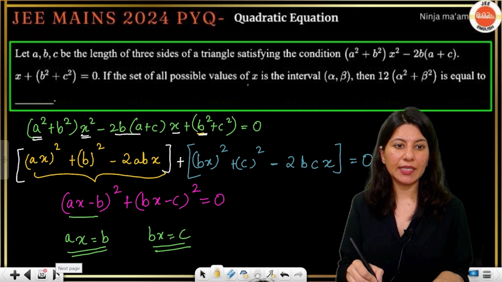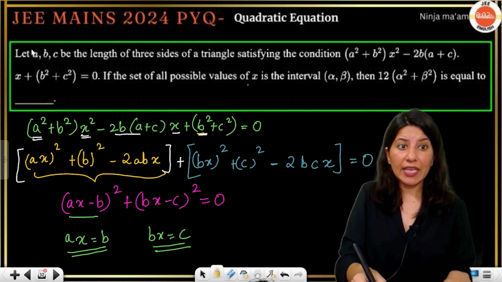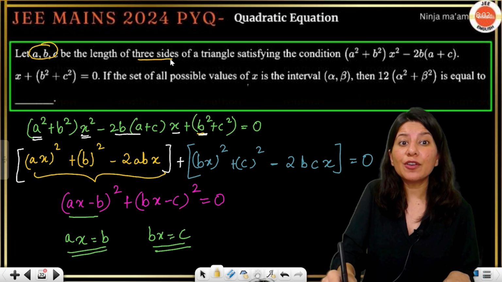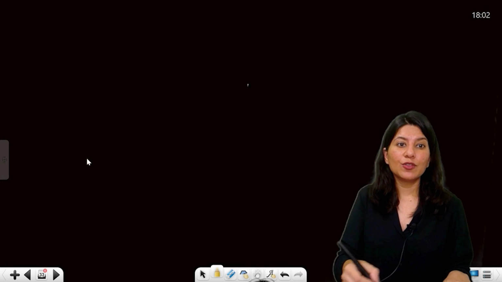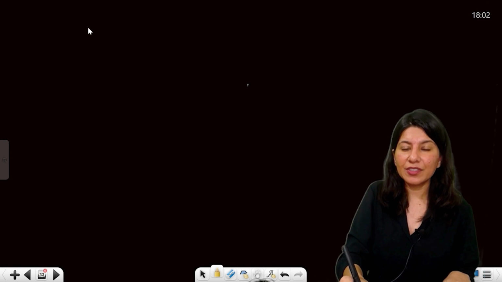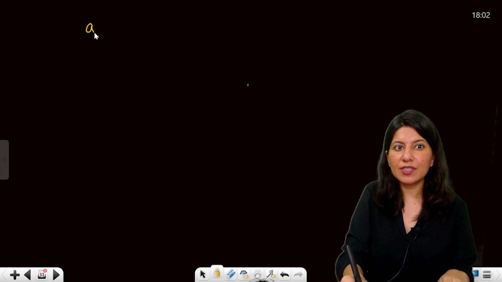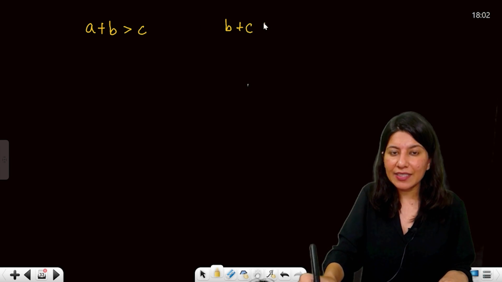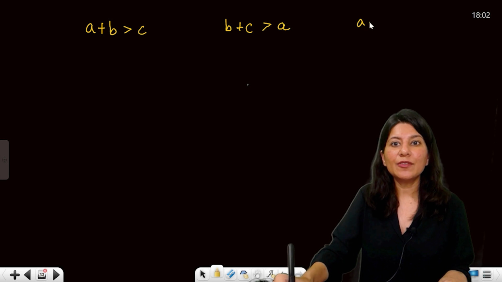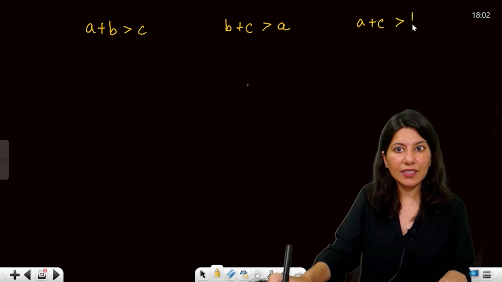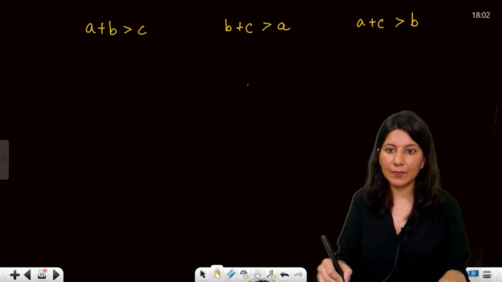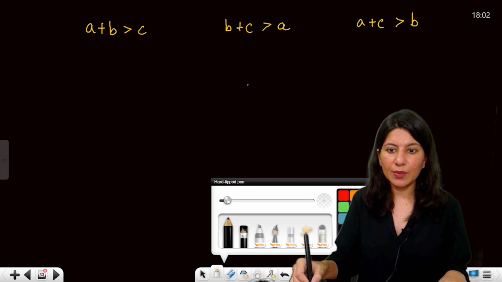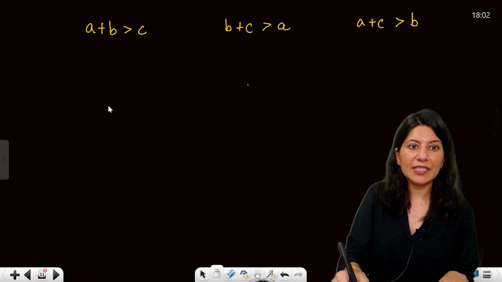Now, a, b, c are the lengths of three sides of a triangle, right? So if a, b, c are lengths of three sides of a triangle, then we know one relation: sum of two sides is greater than the third side. So now what we will do is a plus b greater than c.